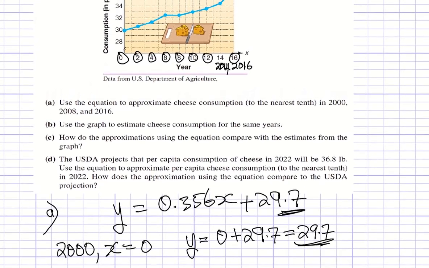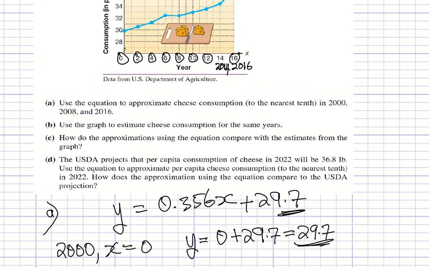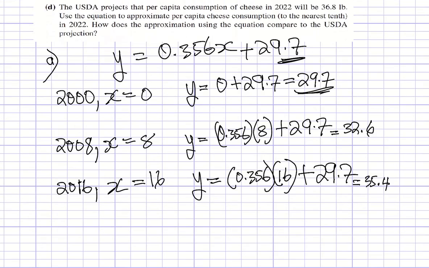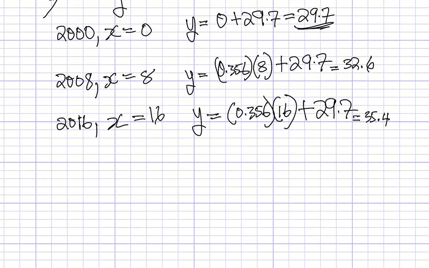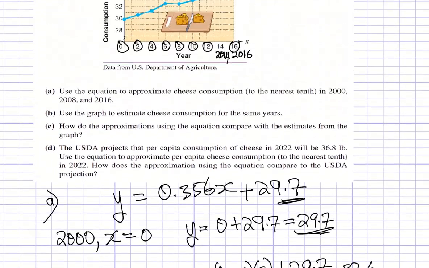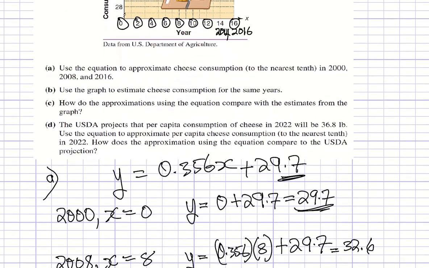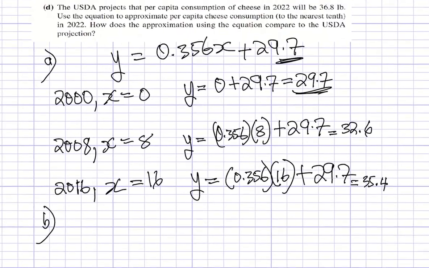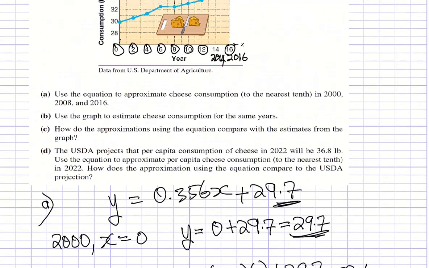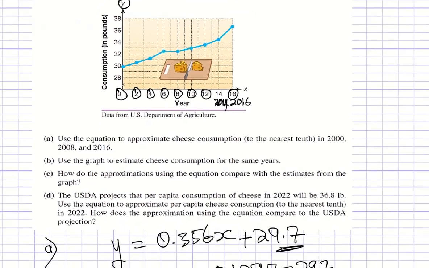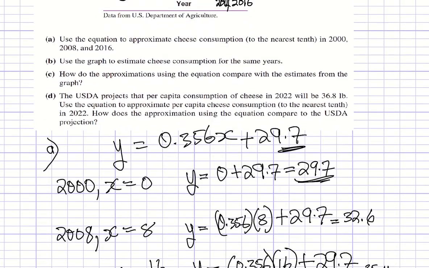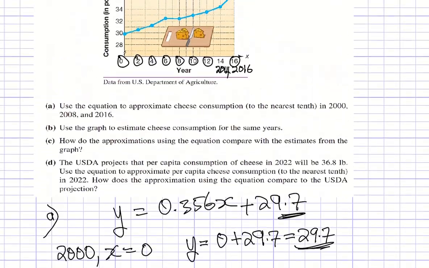Use the graph to estimate cheese consumption for the same years. That's what part B is saying: use the graph to estimate for the same years. Y is cheese consumption, right? We calculated it, and now they say use the graph to estimate it for the same years. Remember, the first year is 2000, then 2008, then 2016.